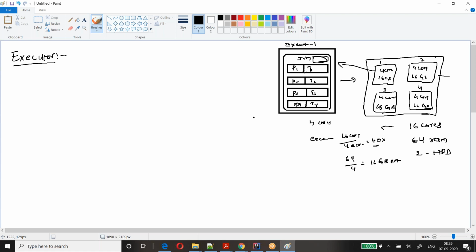It stores the RDD partitions or data frame partitions, whatever it is. It can cache the partitions, or it can run those partitions. It can run those threads. So however many cores you have, that many parallel tasks it can run. Any questions so far?